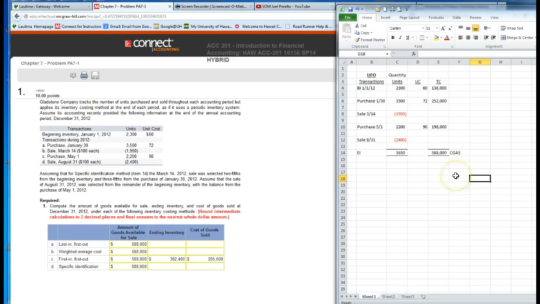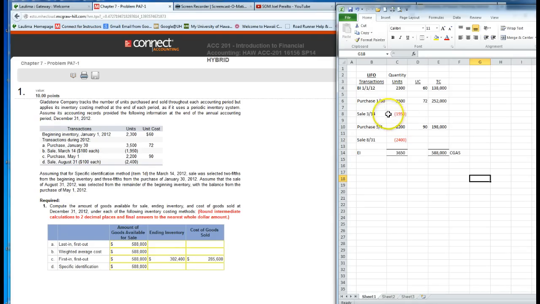Now, to apply LIFO to this situation, remember, first in, first out, FIFO assumes that the earliest units that we had, which would be the beginning inventory, are the first units that we sold, and we work our way down this schedule.